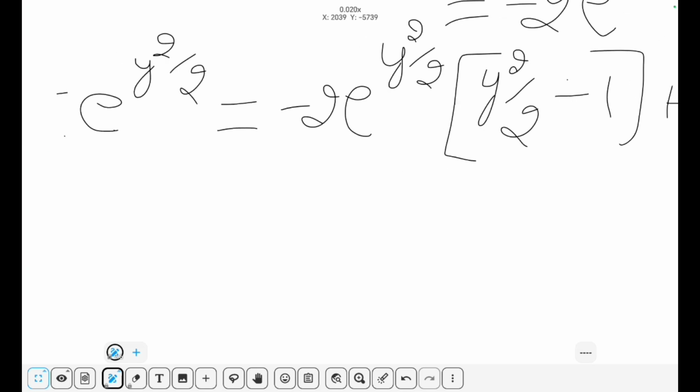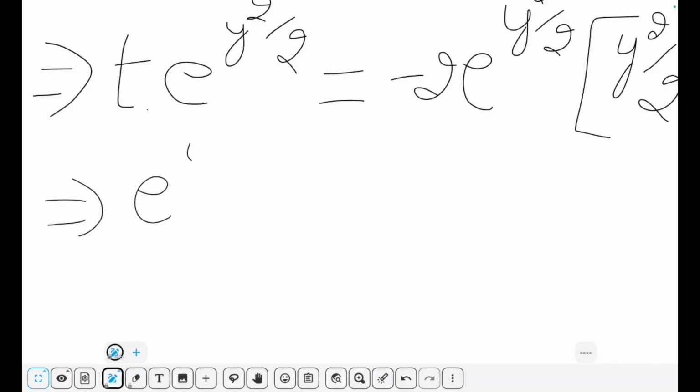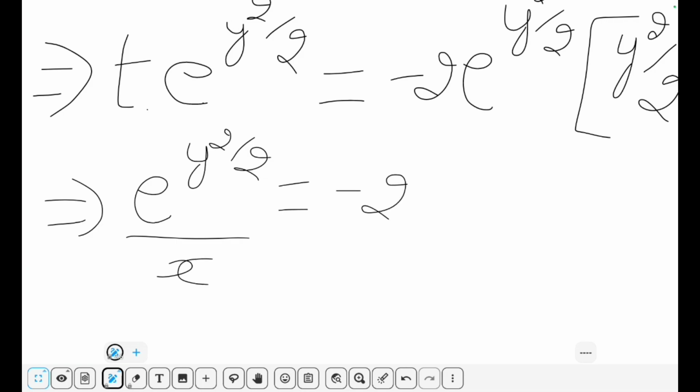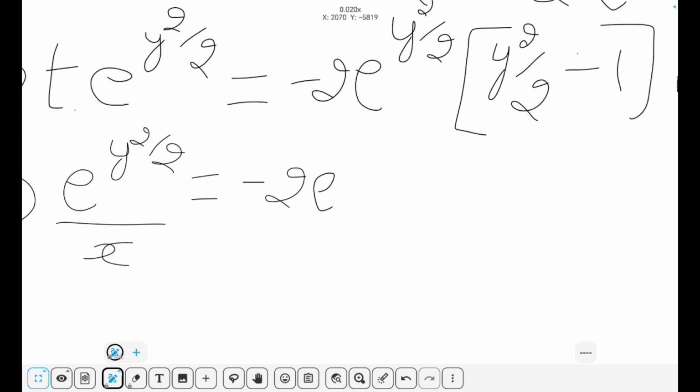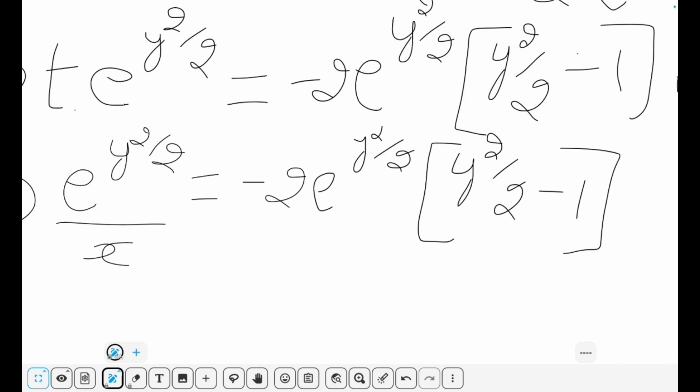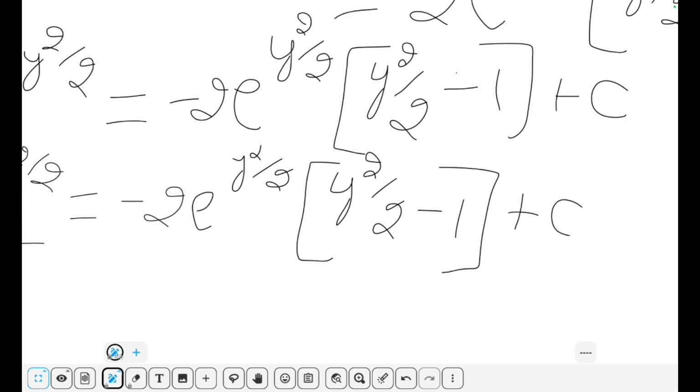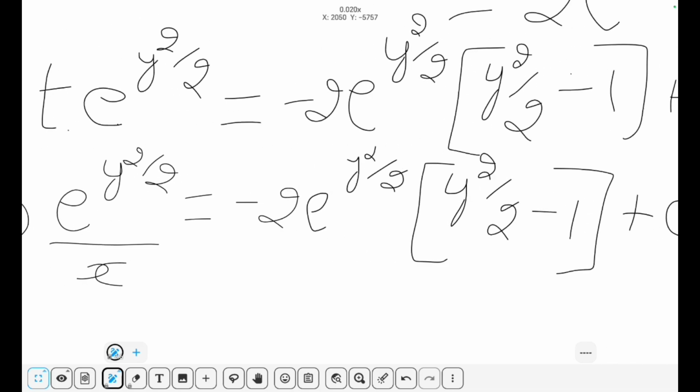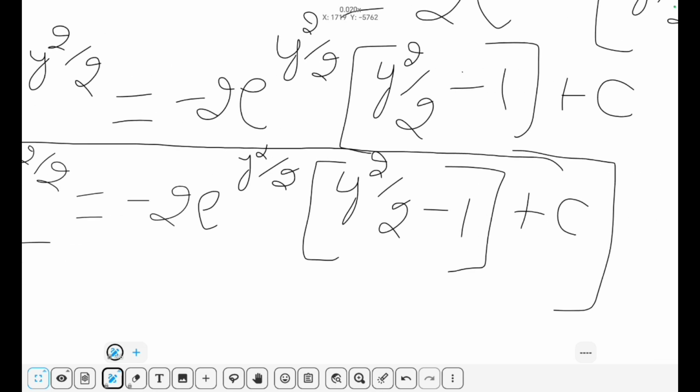If we substitute t as 1/x, that is e^(y²/2)/x equals minus 2 e^(y²/2) into (y²/2 minus 1) plus c. So this would be the final answer.